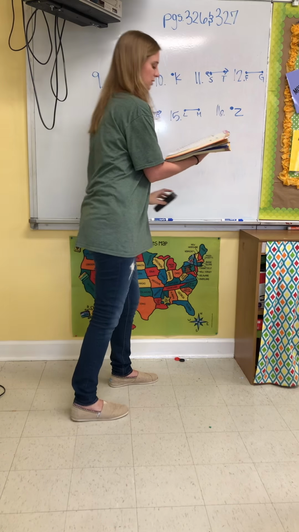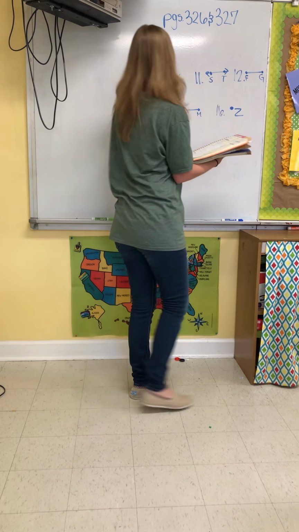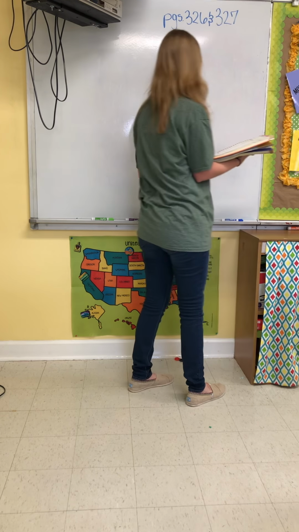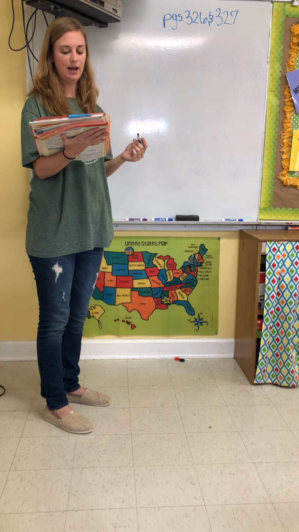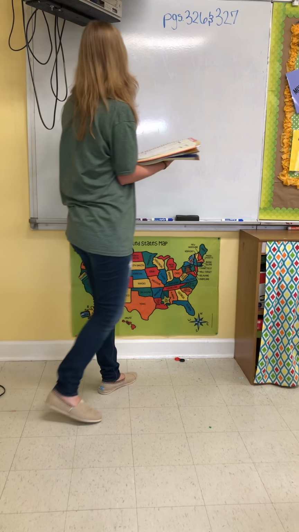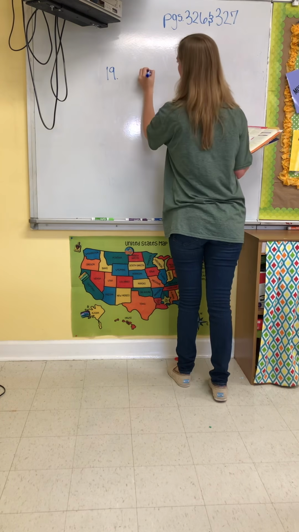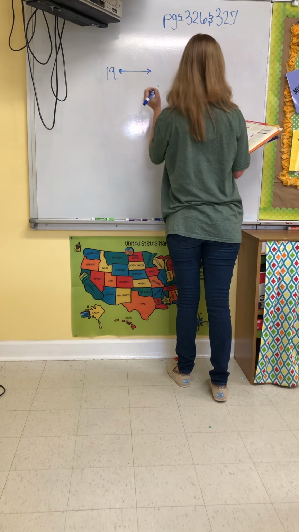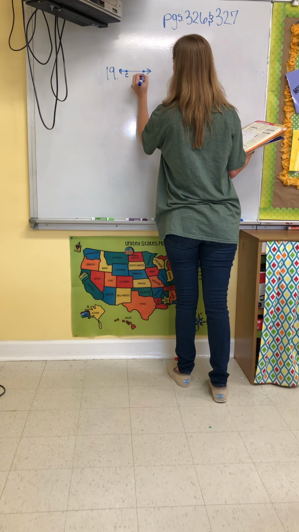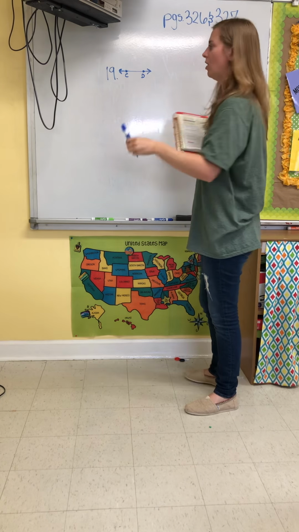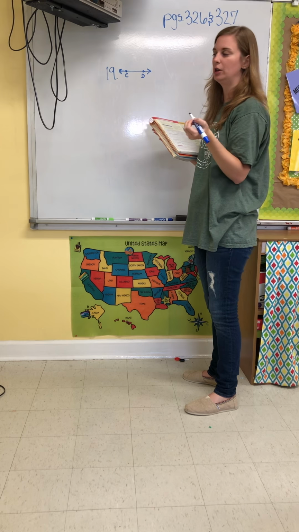All right, so let's move on to 19, 20, and 21. So your directions are name each line two ways. So 19, I have my line like this. Okay, so how I'm going to do this is just like you have a name, our lines and our points have names because they have letters, just like you have letters in your name.